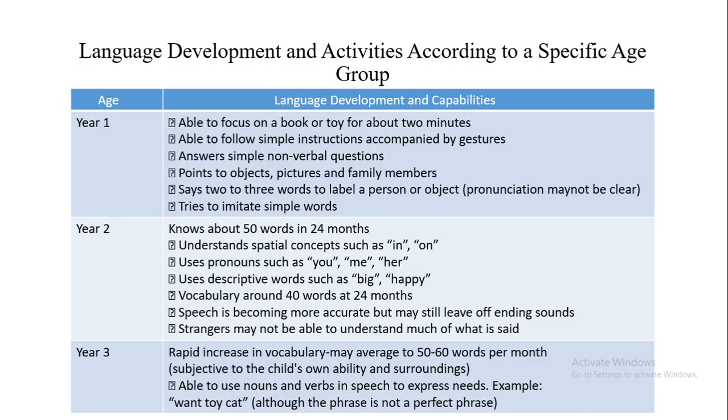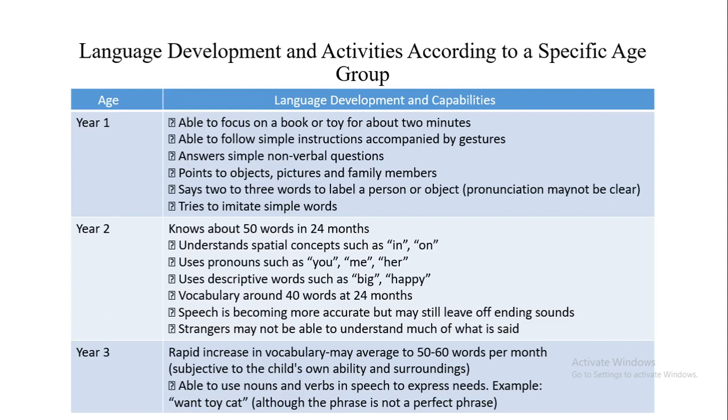At age 1, a child is able to focus on a book or toy for about 2 minutes, say 2 or 3 words to label a person or object, and try to imitate simple words.